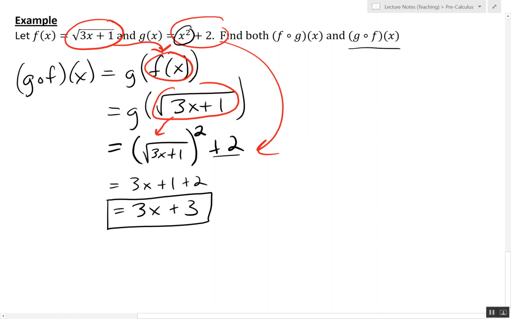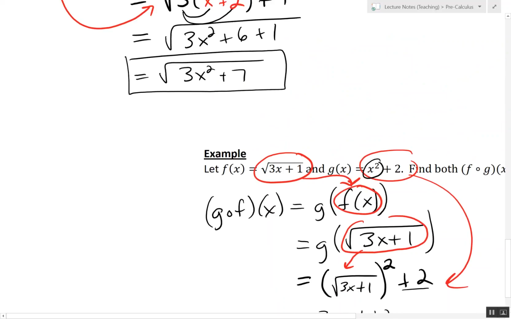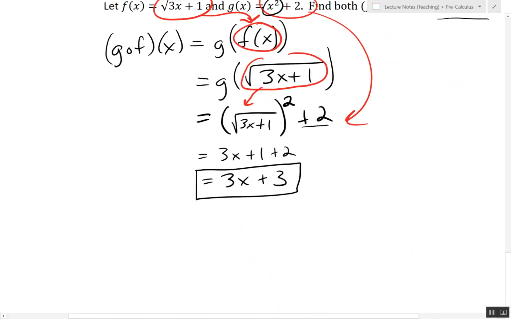So let's summarize our results. So let's capture this and copy it and bring it down here and compare it.